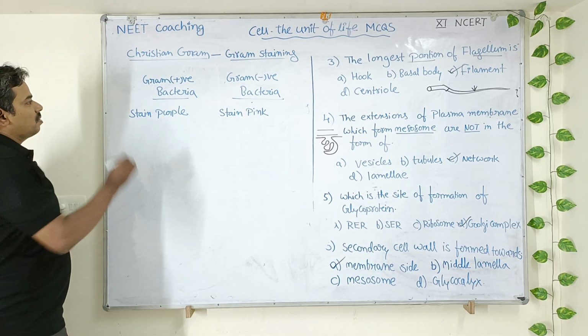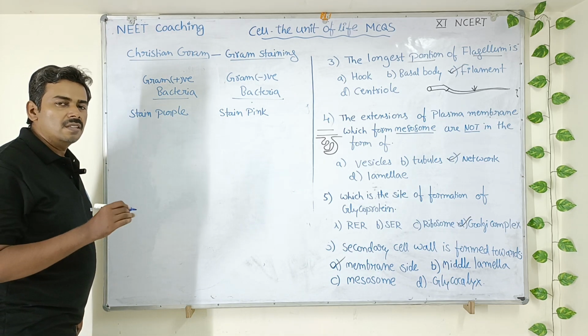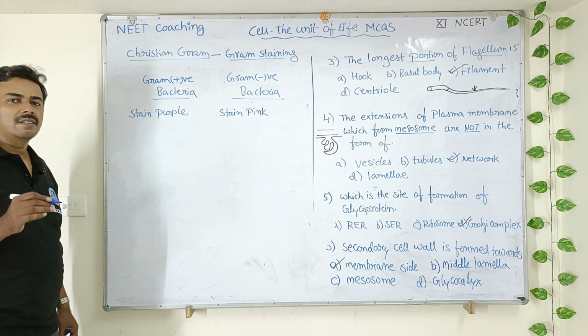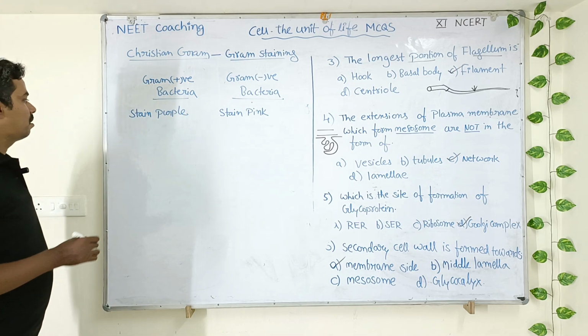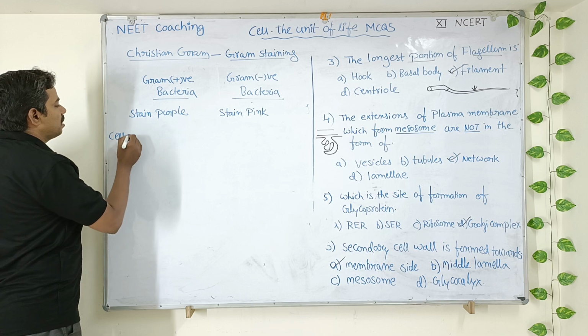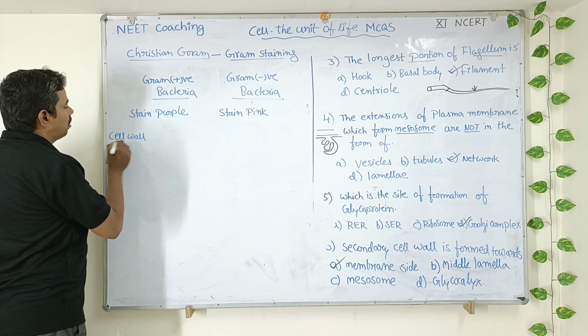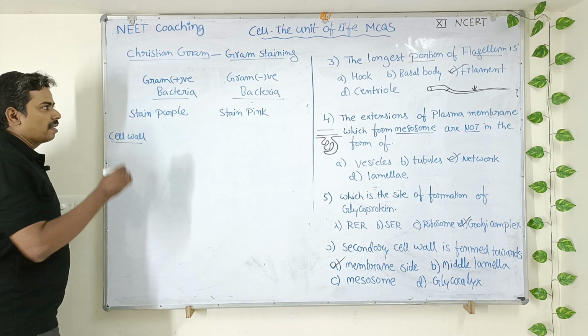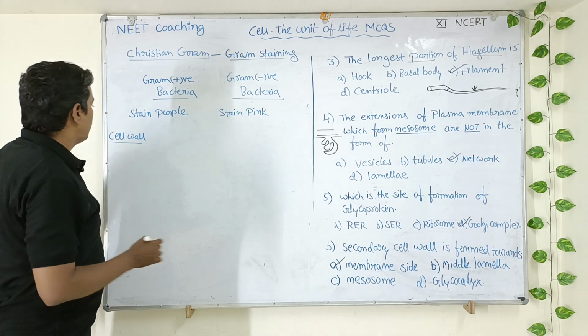This staining procedure is based upon the chemical nature of the cell wall. So what differences we can see in the cell walls of gram-positive and gram-negative bacteria, we will see here.